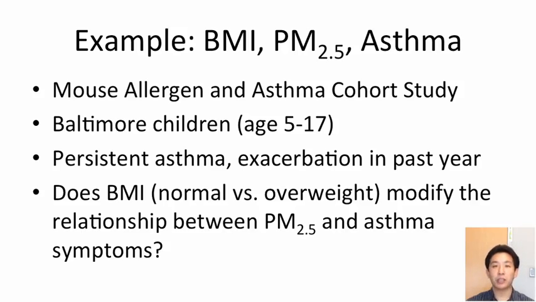One of those triggers we're going to look at is indoor air pollution as specified by particulate matter, so fine particulate matter, which is PM2.5, and we'll also look at nitrogen dioxide, NO2. We want to know whether BMI, or body mass index, modifies the relationship between PM2.5 and asthma.